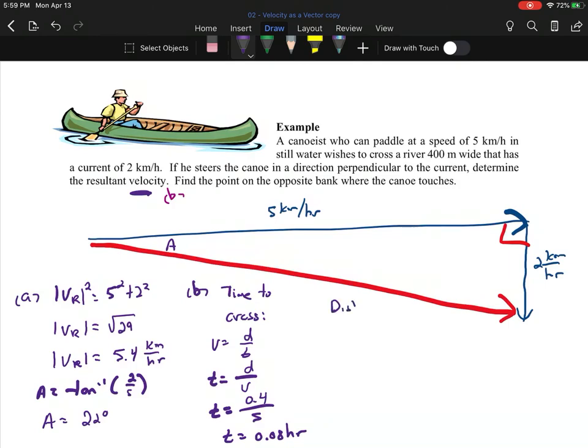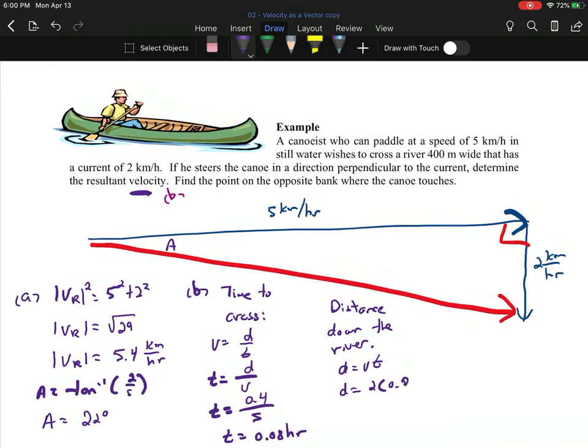And then once I have that, I can get my distance down the river. And for that one, what I need is still the same equation, but I'm just going to rearrange it differently. I'm going to go distance equals velocity times time.